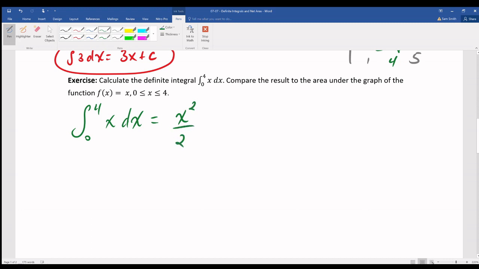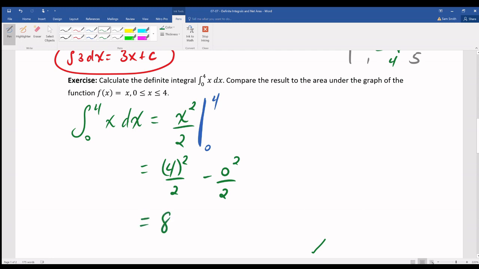And I'm going to use this straight vertical line from 0 to 4 to communicate that in my very next step, I'm going to plug in 4, I'm going to plug in 0, and then I'm going to take the difference of those two numbers. The result of this being 8.